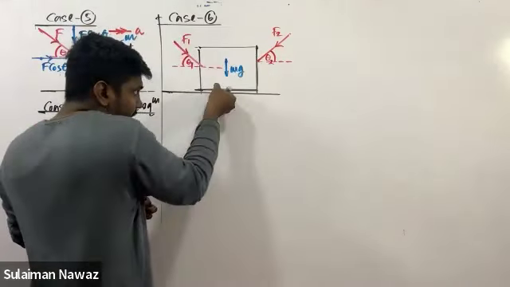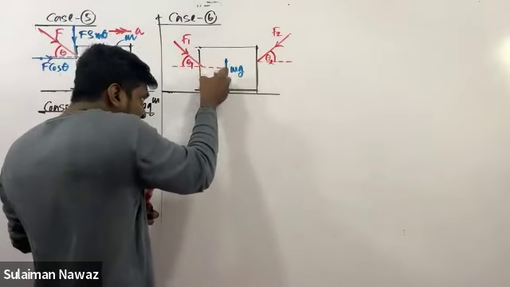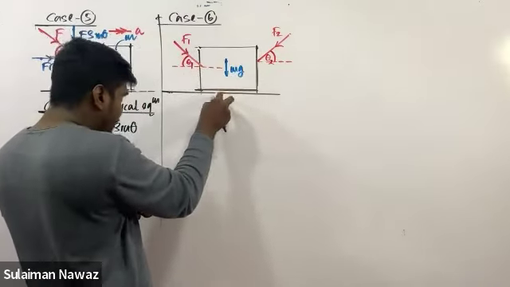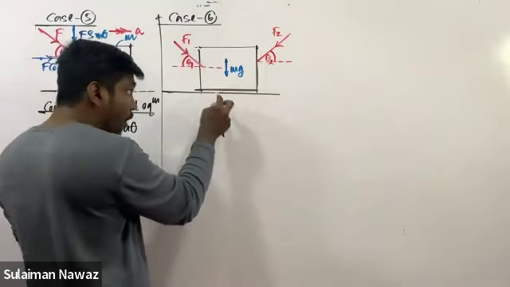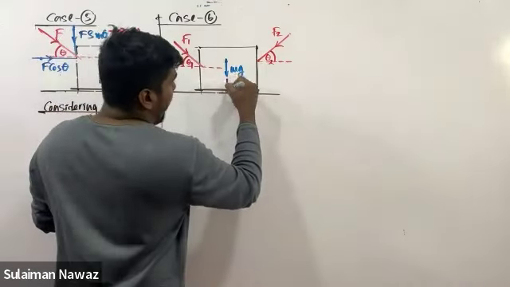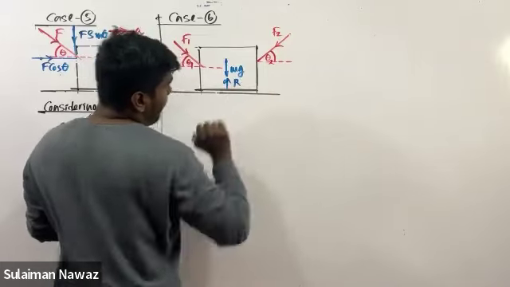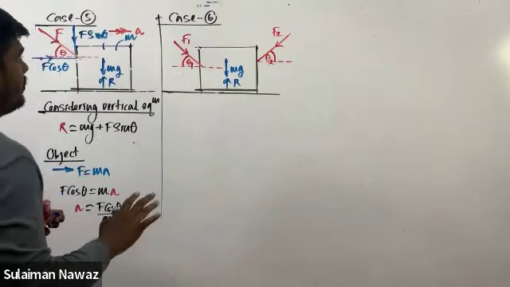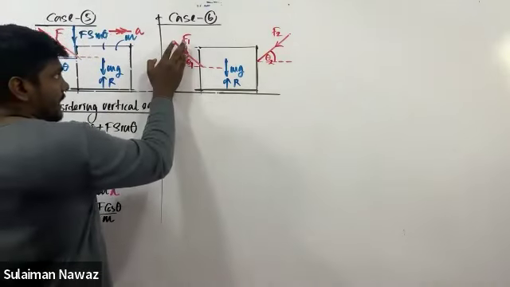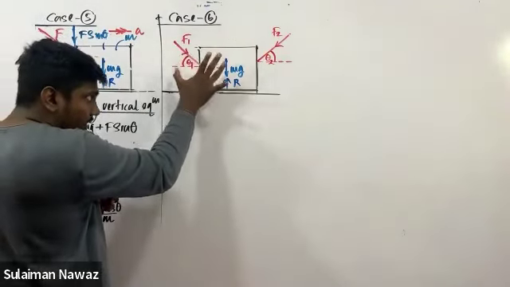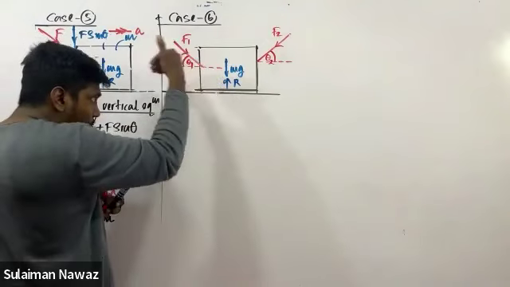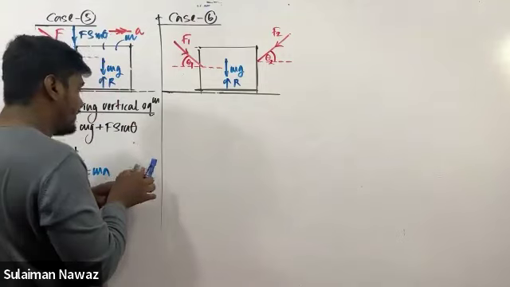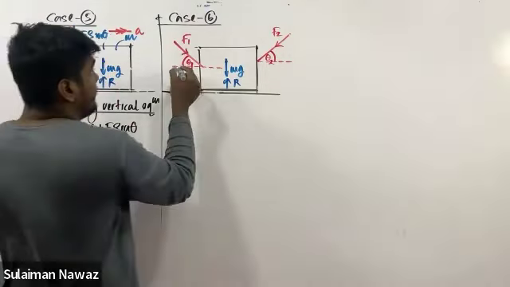There is a contact between the bottom surface of this object and the ground. Then there must be perpendicular forces acting on the object as well as the ground. The normal reaction force on the object, capital R, acts. Now first of all, we'll resolve these inclined forces F1, F2 into two perpendicular components, horizontal and vertical. If I resolve F1, the horizontal component will be F1 cos theta 1.